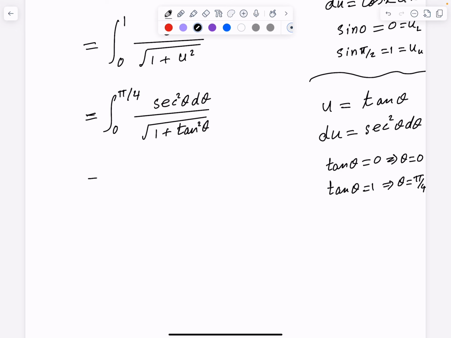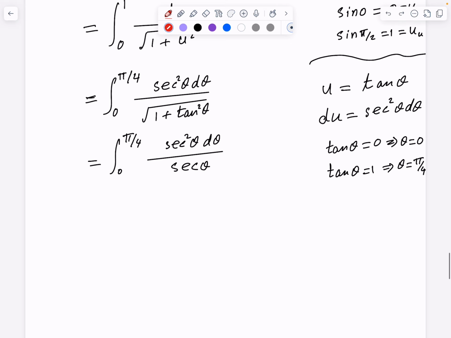So we have the integral from 0 to pi over 4, and upstairs we have secant squared theta d theta, and 1 plus tan squared theta under the square root is secant theta. So we can cancel the square with the secant theta itself.